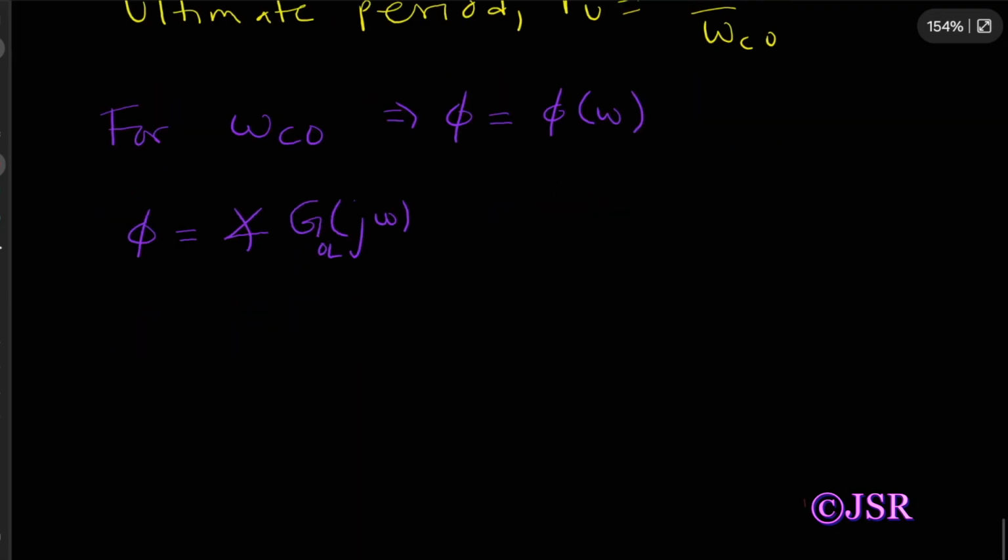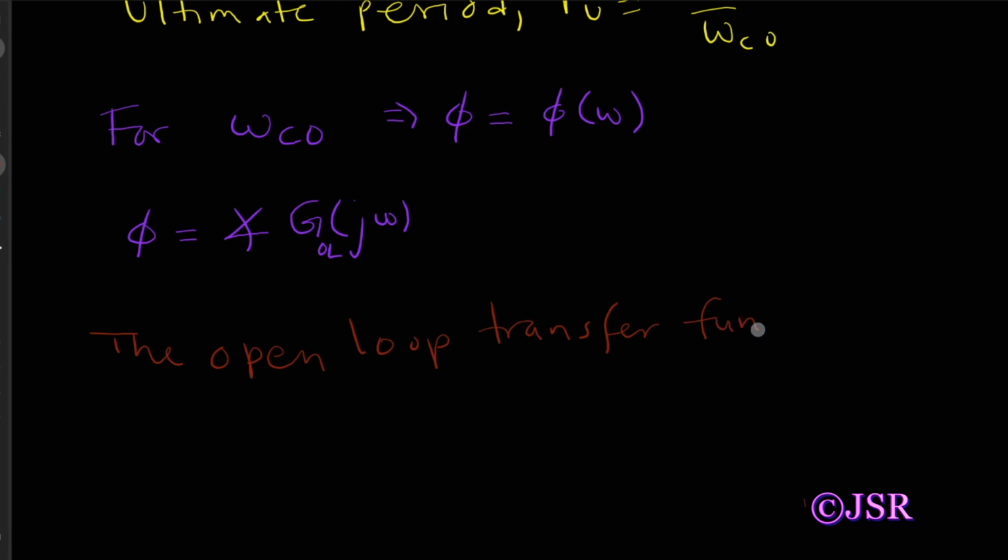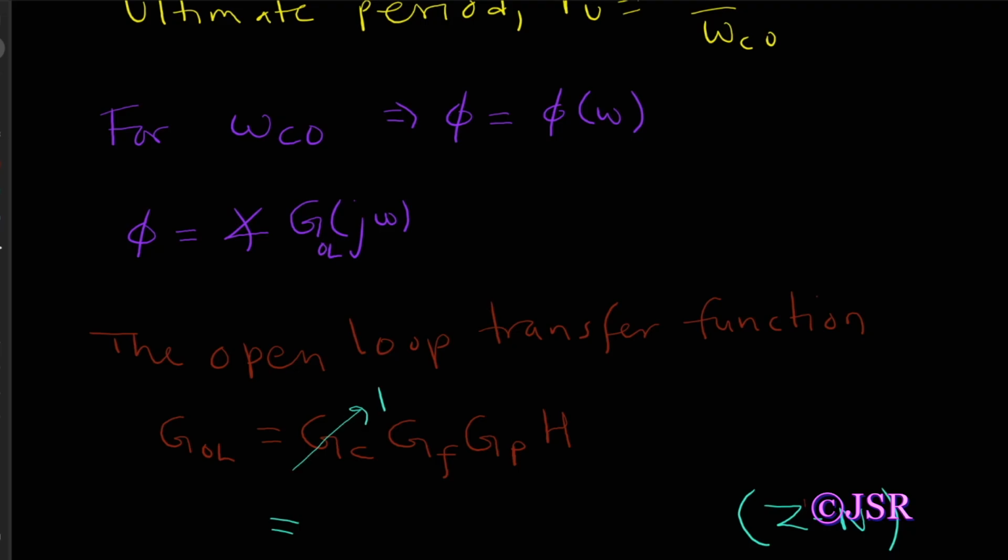So as we know, the open loop transfer function GOL is given as GC, GF, GP, H. In the case of Ziegler-Nichols tuning, this GC will be equal to 1.